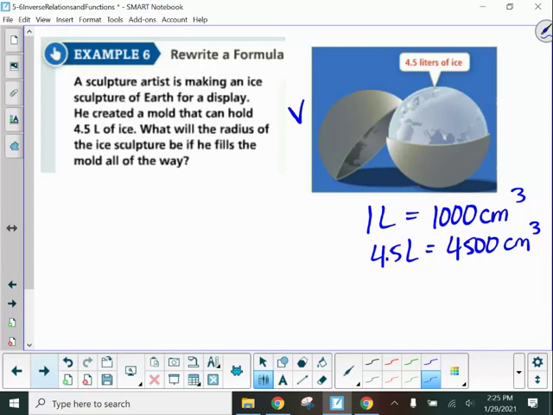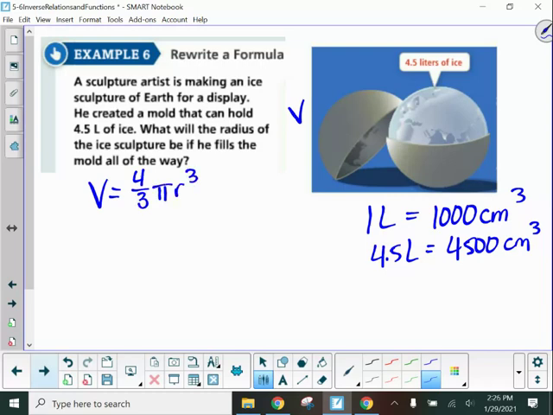And centimeters is something that I can use for my radius. The volume of a sphere, because if you're making a sculpture of Earth, you're looking at something spherical, is 4/3 pi r cubed.